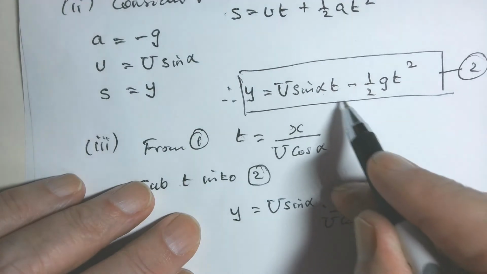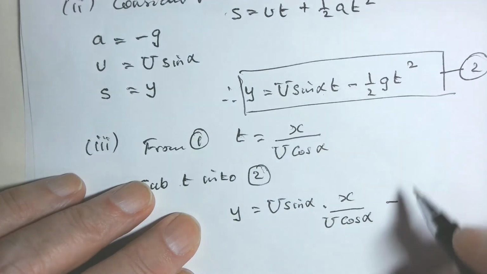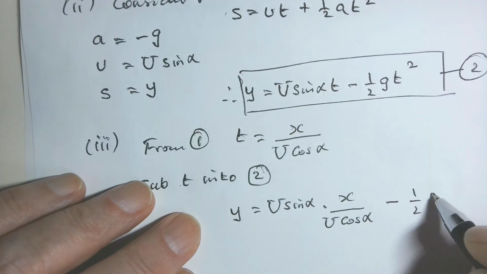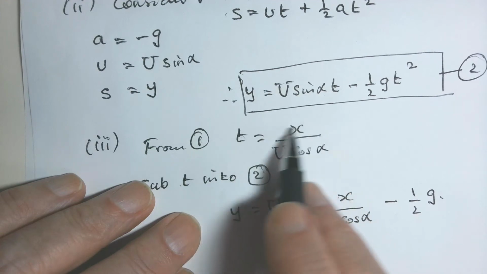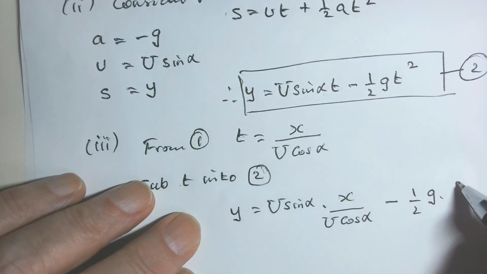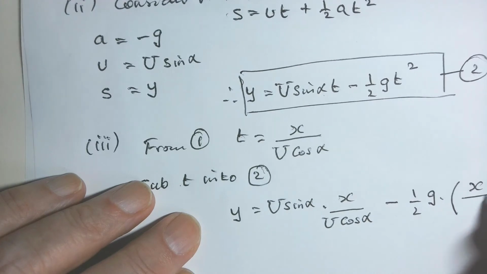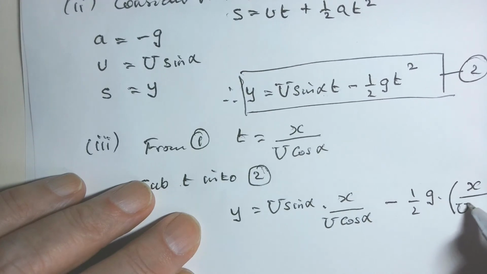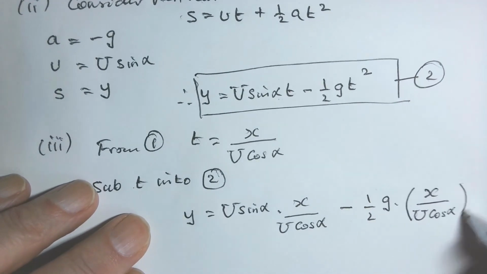Then we've got minus a half times g times t squared, so I'll write this as x over u cos alpha all squared.